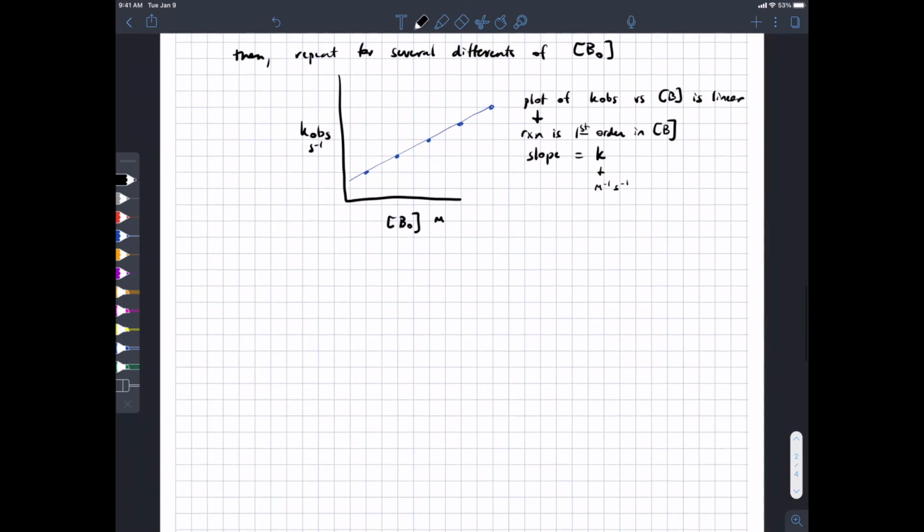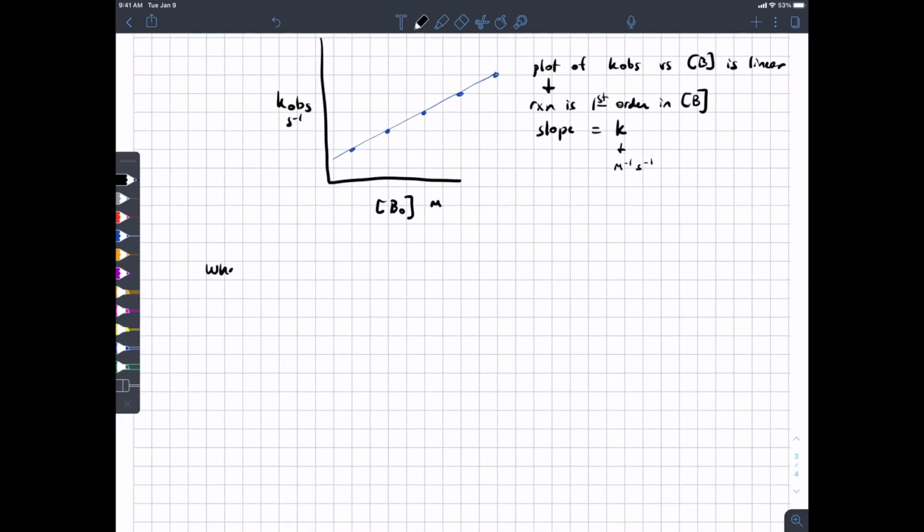Now, what if we did the experiment and we observed that k obs versus concentration of B is not linear? Suppose, what if it's quadratic?